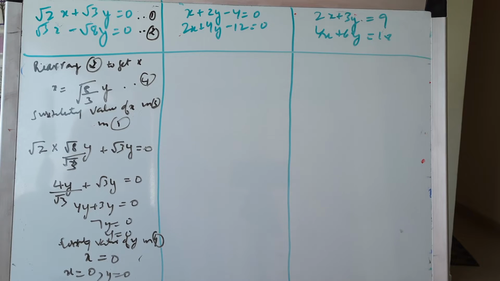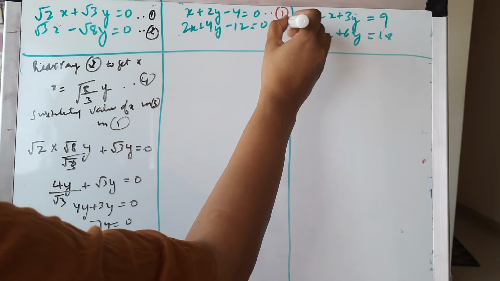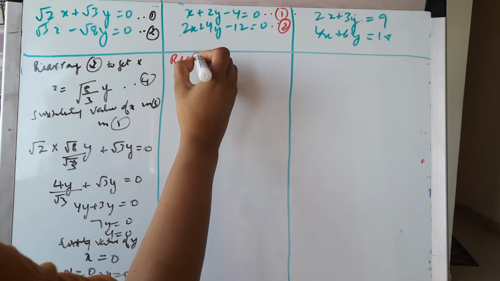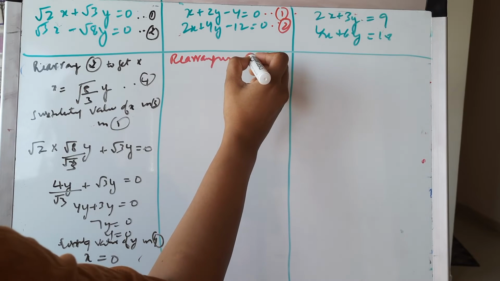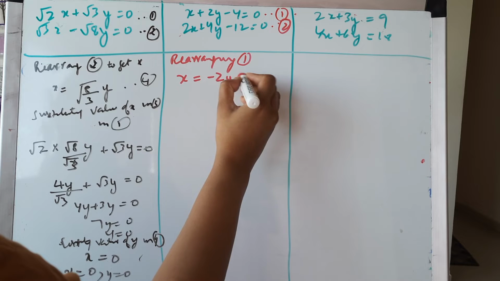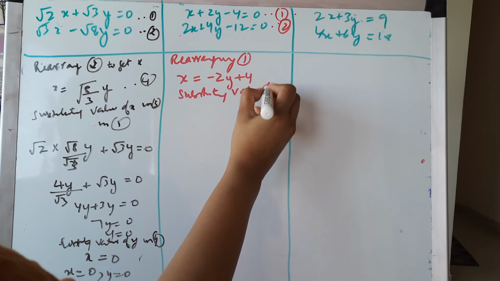Now moving on to the next question. Right, so rearranging 1, x equal to minus 2y plus 4, substituting the value of x in 2.